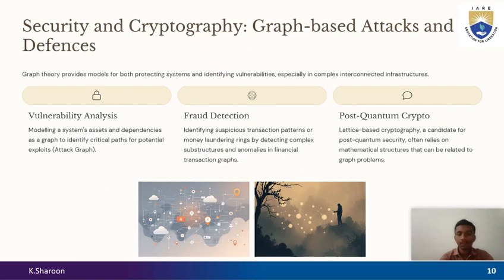And fraud detection: identifying suspicious transaction patterns or money laundering rings by detecting complex substructures and anomalies in financial transaction graphs. And post-quantum crypto: lattice-based cryptography, a candidate for post-quantum security, often relies on mathematical structures that can be related to graph problems.